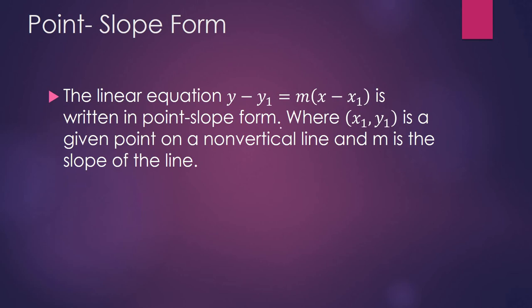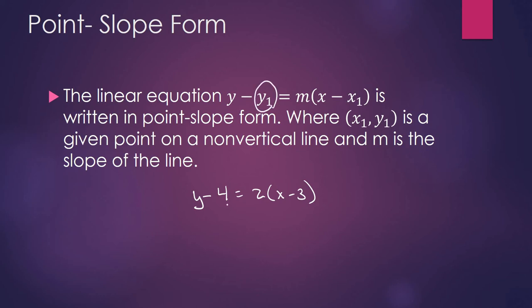So let's look at this. Point-slope form. The linear equation y minus y sub 1 equals m times x minus x sub 1 is written in point-slope form, where (x sub 1, y sub 1) is a given point on a non-vertical line and m is the slope of the line. So let's look back at the one we had just a second ago. Y minus 4 equals 2 times x minus 3.